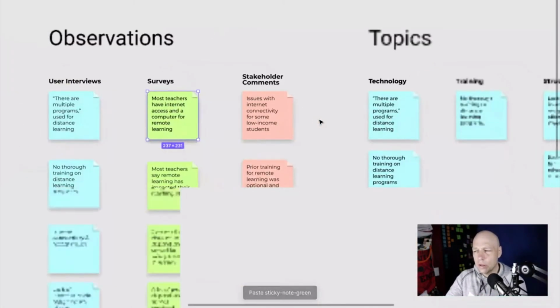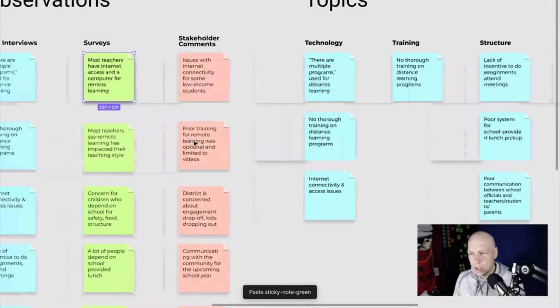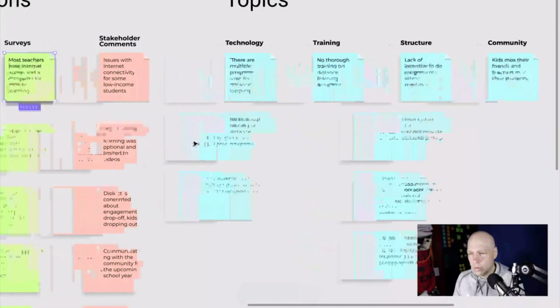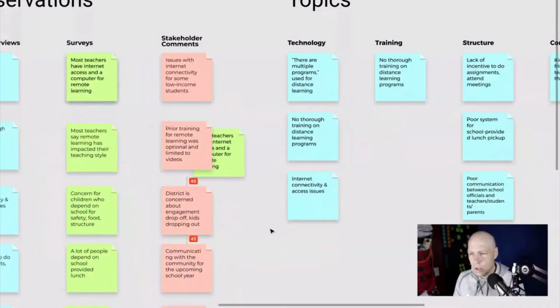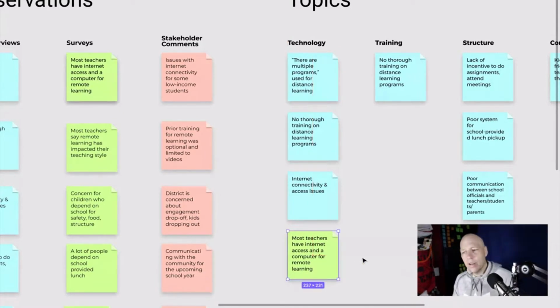So, well, where did it go? Oh, it just stayed there. So I'm going to say this is technology. Now keep in mind, I'm not making any decision on whether it's a positive or negative item to be in the topic. It just fits into that topic.